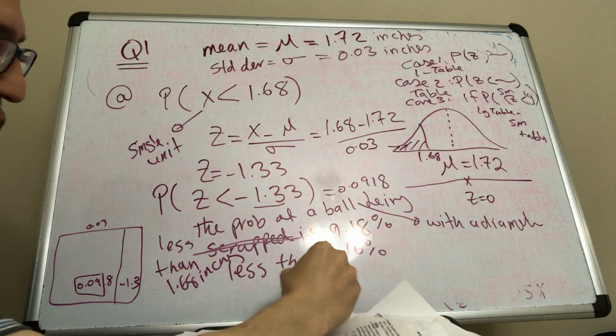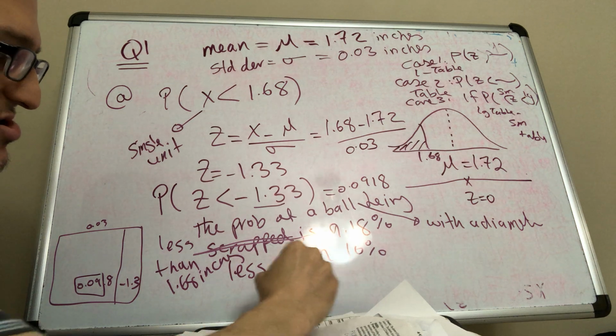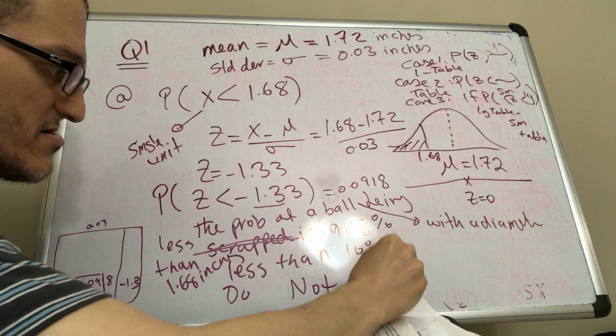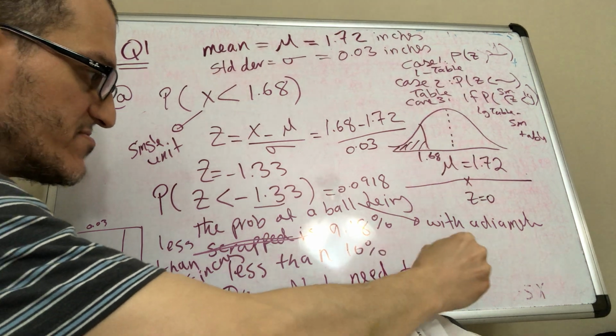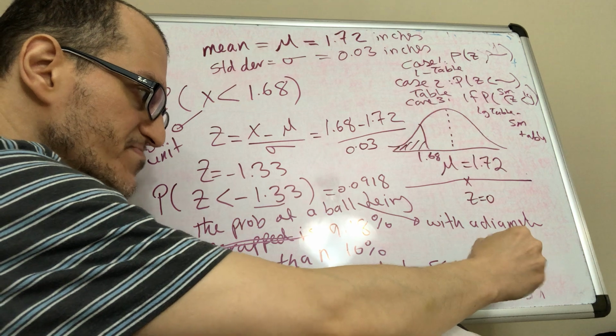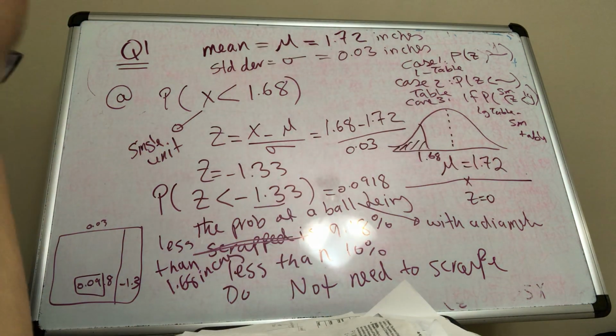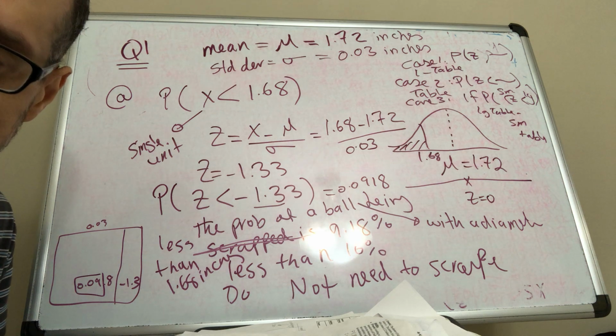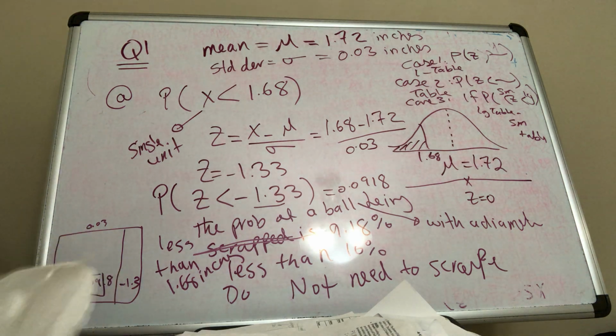That's less than 10%. We don't need to scrap. So it's not going to be scrapped, because they tell you if the probability is more than 10%, that's the only time that it will be scrapped.